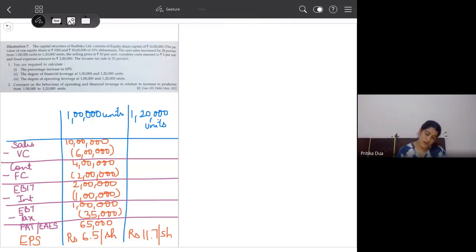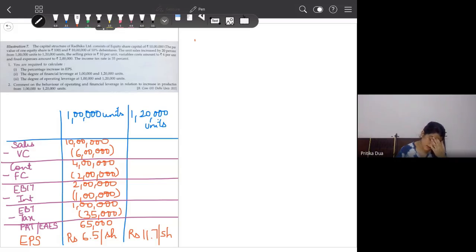So A part says what is the percentage increase in EPS. ठीक है.